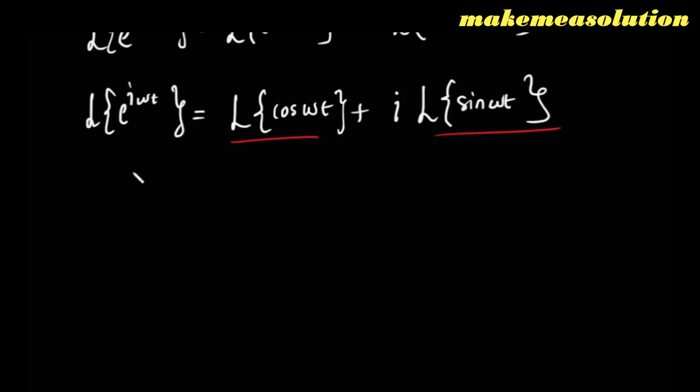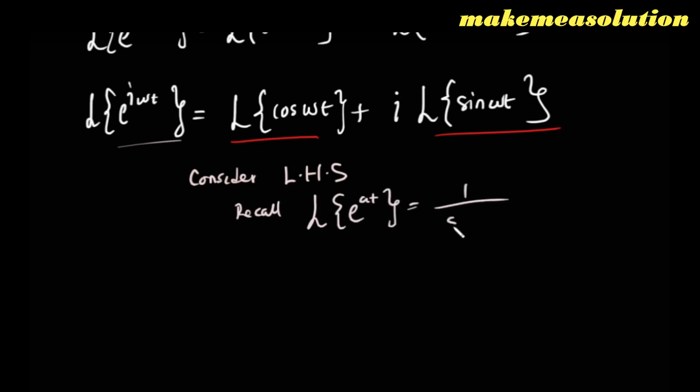So if you consider this left hand side, the Laplace transform of, we should recall that the Laplace transform of an exponential e to the at is 1 all over s minus a, right? You remember. So I'm going to apply it to this and you will see the amazing results that we'll get.